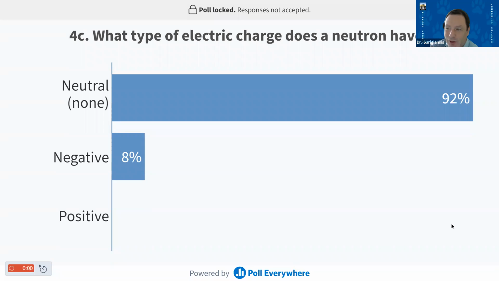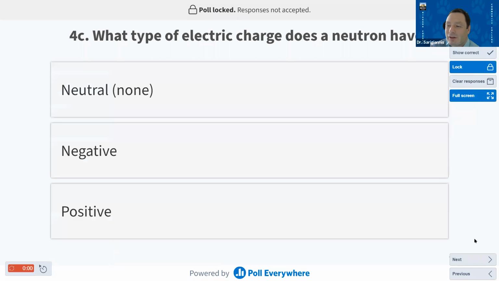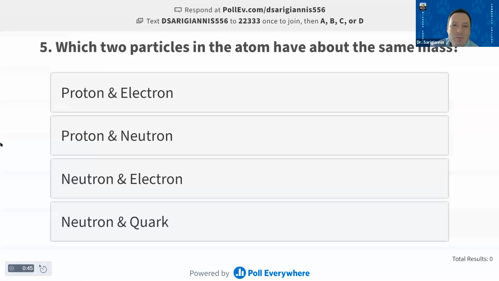And let's do the next one, and then I'll show you the paper. Which 2 particles in the atom have about the same mass?